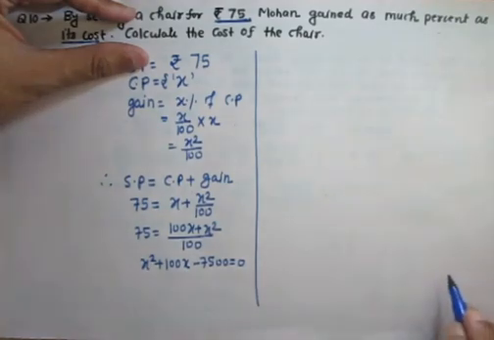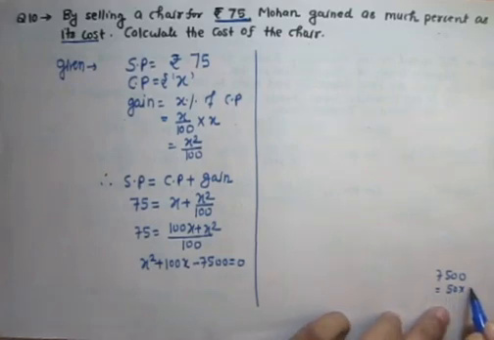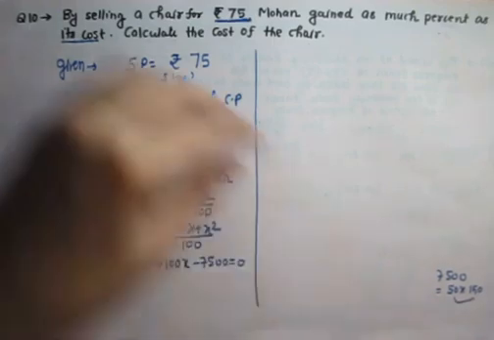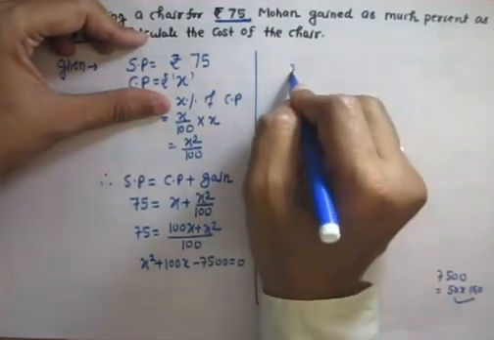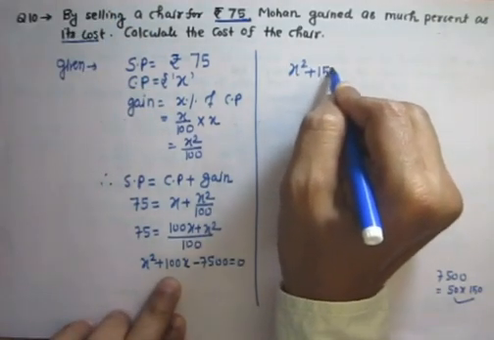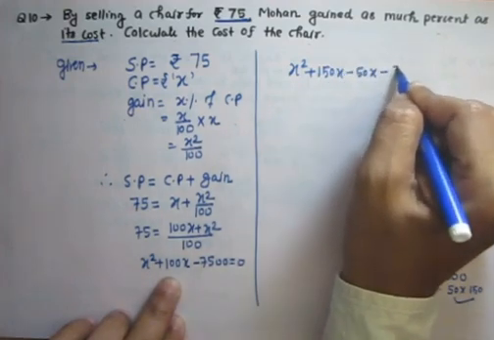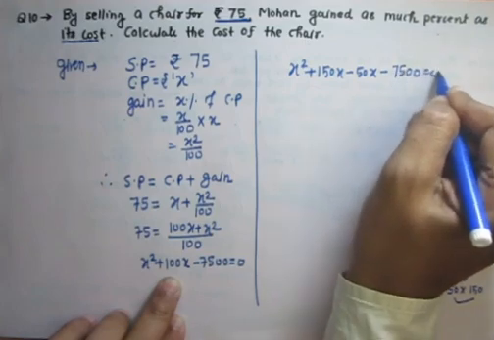So let me solve. 7500 can be written as 50 into 150, and here the difference is 100, so it can be written as x square, this 100x can be written as plus 150x minus 50x minus 7500 equal to 0.